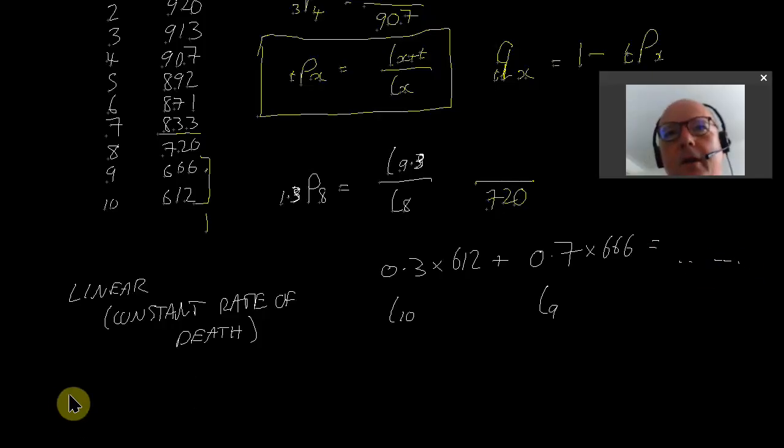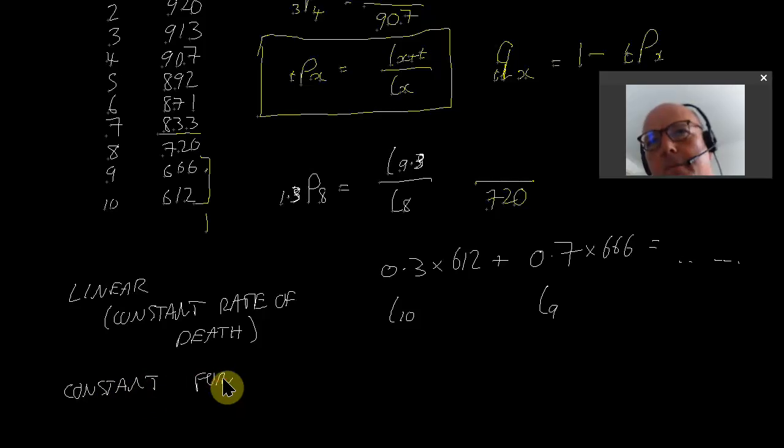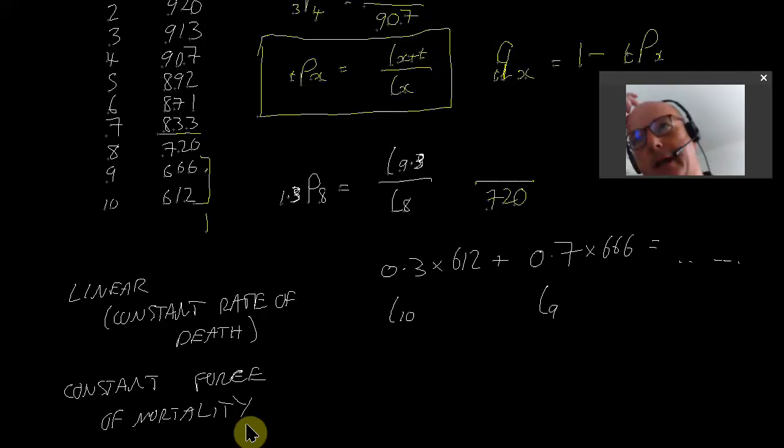And then the other way is the constant force of mortality. Now the force here is analogous to the force in the force of interest, because it's basically the parameter that goes e to the minus something times t. So if the lives are decaying at a constant exponential rate, then that is a constant force of mortality.